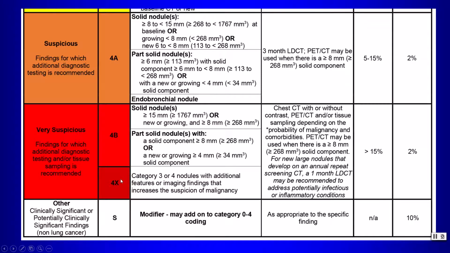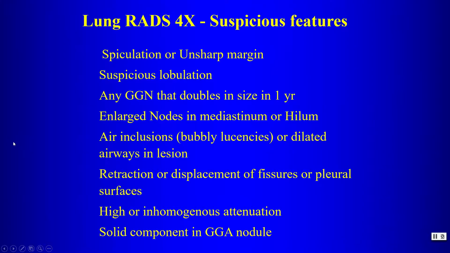What is different about lung cancer screening compared to mammography is there may be other incidental findings that require follow-up, and that is what the S designation is for, potentially significant non-lung cancer findings. So if you happen to find a solid renal mass, and let's say there are no lung nodules, then the score for that patient would be 1S, meaning that there is a significant non-lung cancer finding that will require some type of follow-up or management.